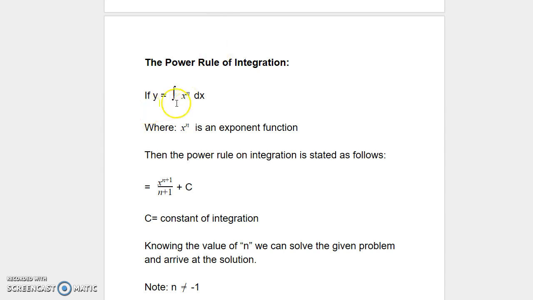If y is equal to integral x to the power of n dx, then applying the power rule, we can write it as x to the power of n plus 1 divided by n plus 1 plus c. Whatever we have as the exponent n, we increase it by 1 and then write the same term in the denominator as shown here.